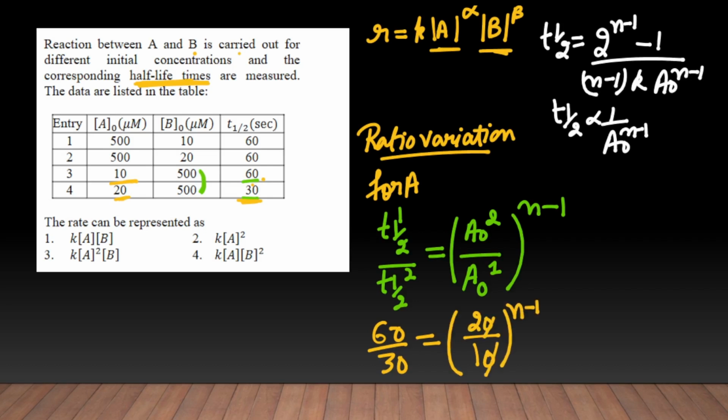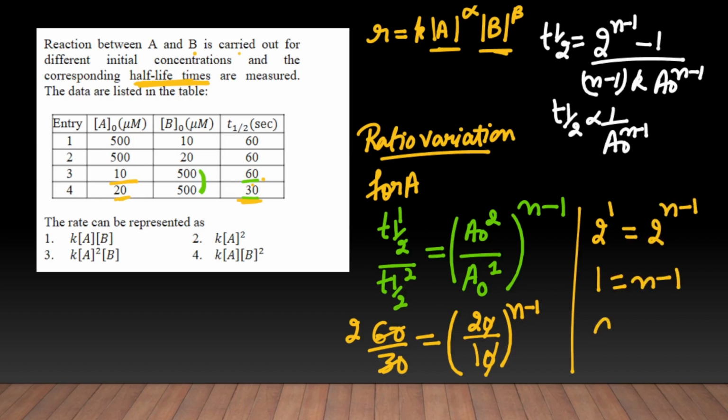So this will be equal to 2 over here. So this becomes 2 raised to the power of 1, which is equal to 2 raised to the power of n minus 1. So 1 is equal to n minus 1. So the n value is equal to 2, which means the order with respect to A is 2. Okay.